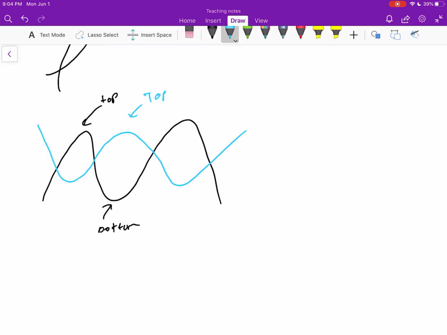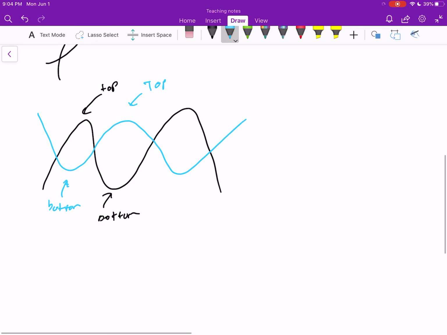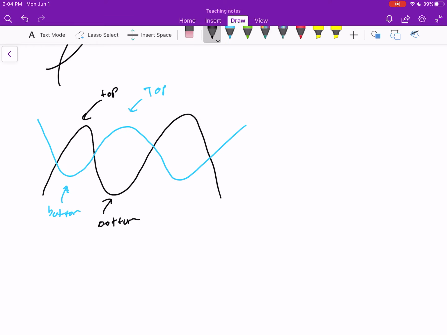First, the black is the top, blue is the bottom, then it switches. So the way we dealt with this is we wrote a new integral. We said that the area is the integral from a to b, absolute value of f of x minus g of x dx. And in this case, f can be your top one, g can be your top one. It doesn't even matter because we have those absolute values around there.